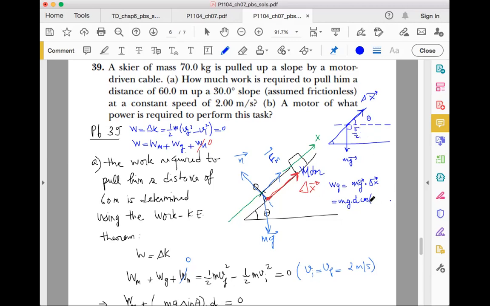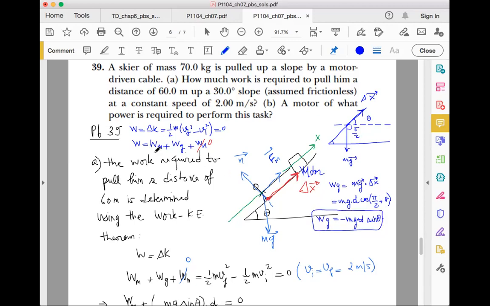So we end up with cosine of pi over 2 plus theta. And if you look back at the relations between trigonometric functions, you can conclude that cosine of pi over 2 plus theta is nothing else than minus sine theta. So minus mgd sine theta. This would be the expression of Wg. Right? So Wg is equal to this expression.